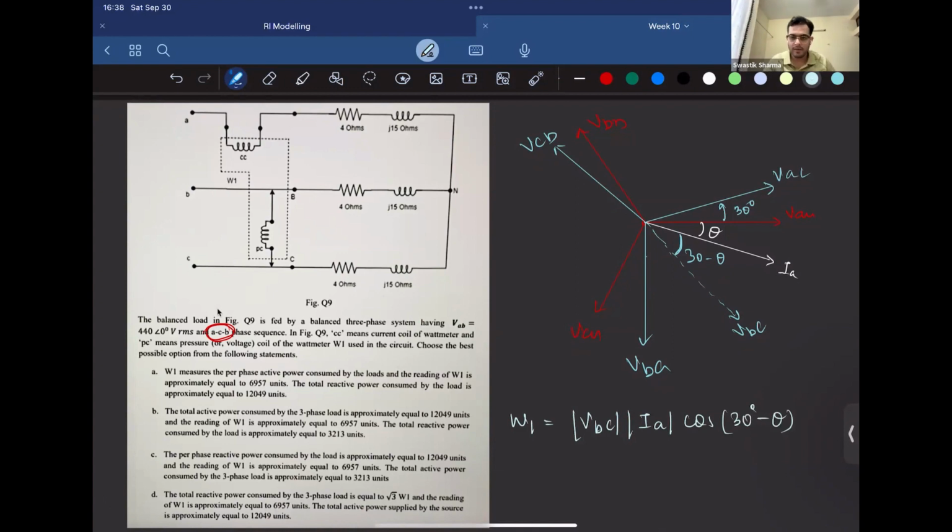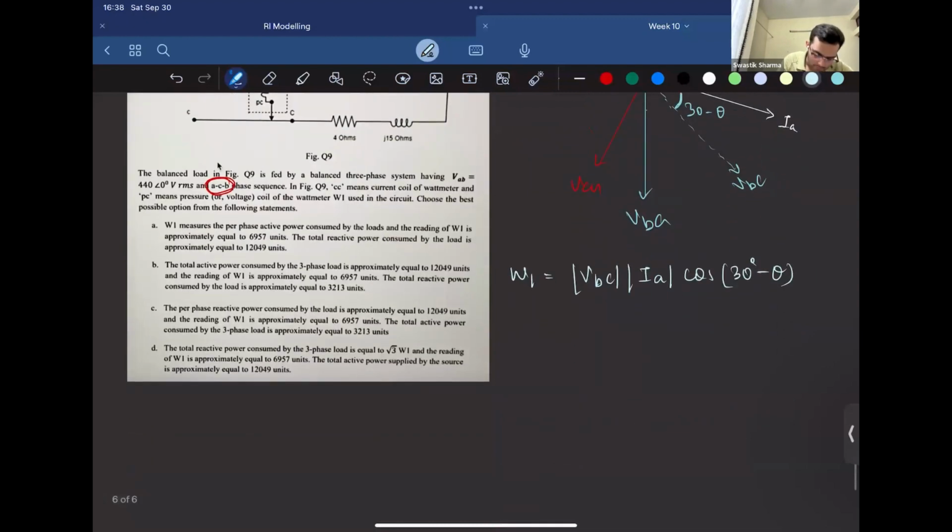So if someone can quickly calculate and let me know what it is. 440. Oh, we haven't calculated IA. So let's first calculate what IA is going to be.